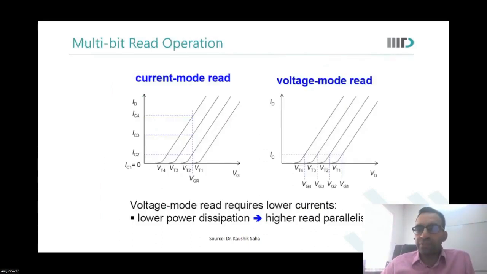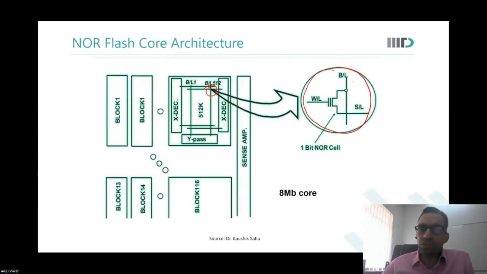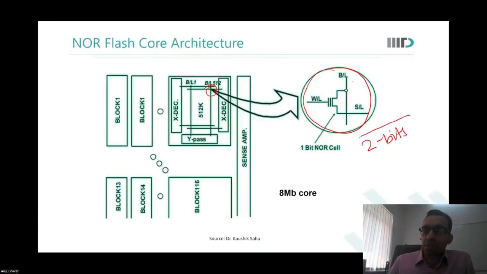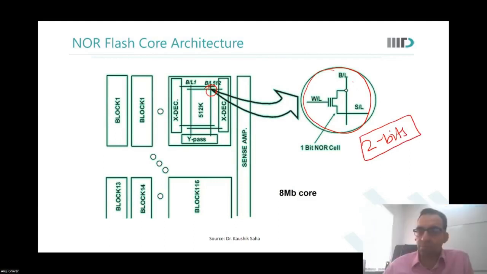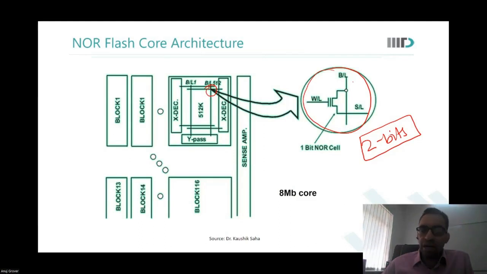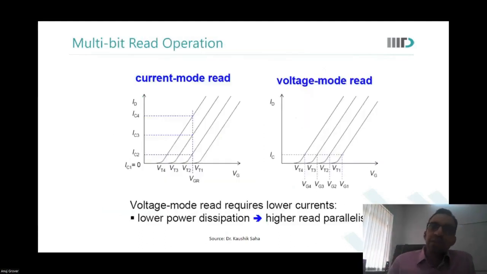When you want to read, now let us say you were storing 2 bits in this memory cell, then there are 2 ways that you could read.